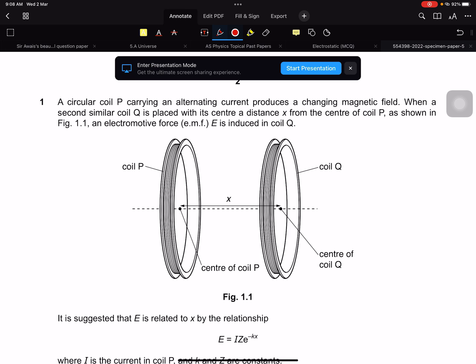It says a circular coil P carrying an alternating current produces a changing magnetic field. When a similar coil Q is placed with its center at X, as shown, EMF E is induced in the coil.